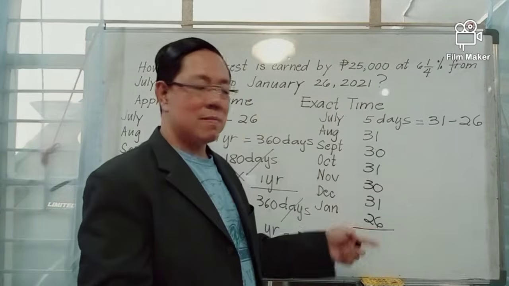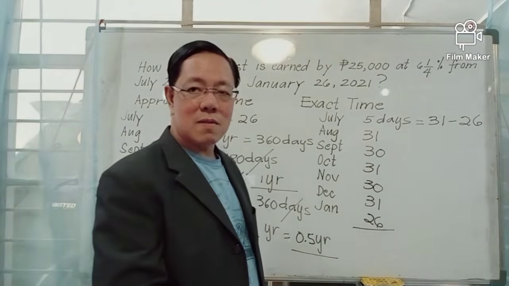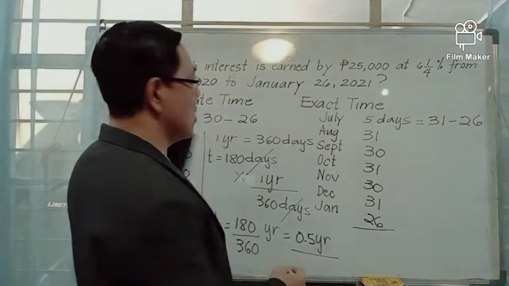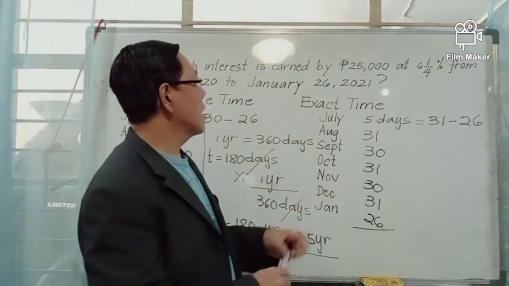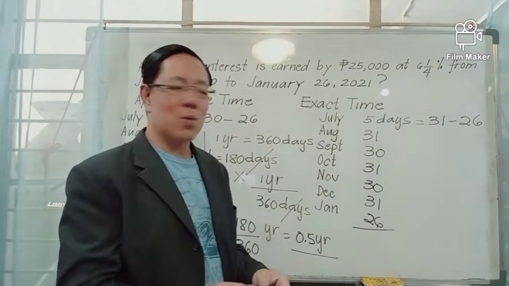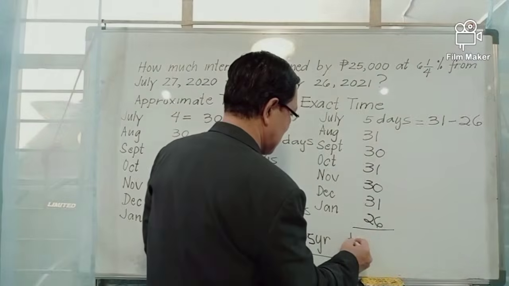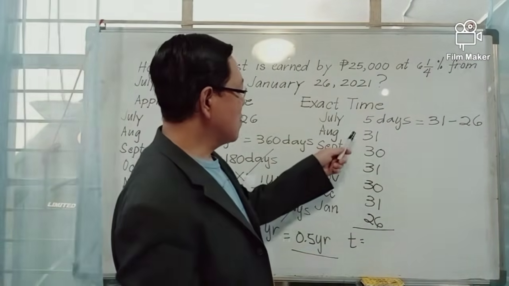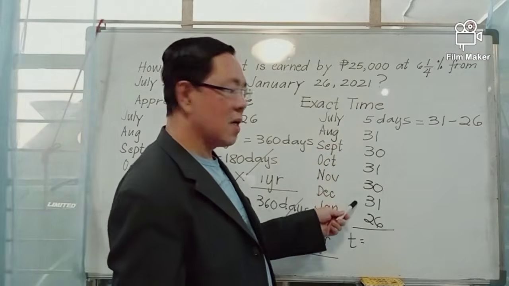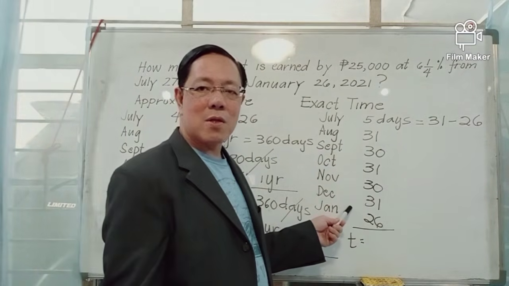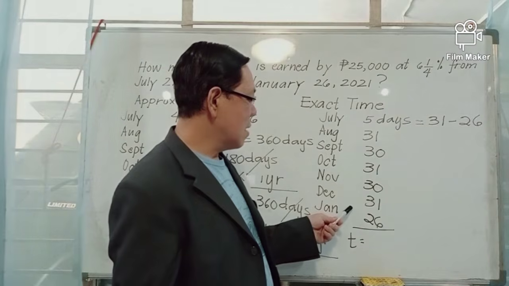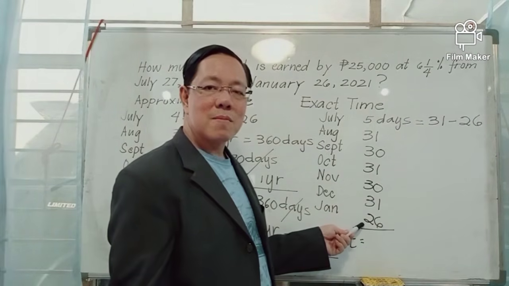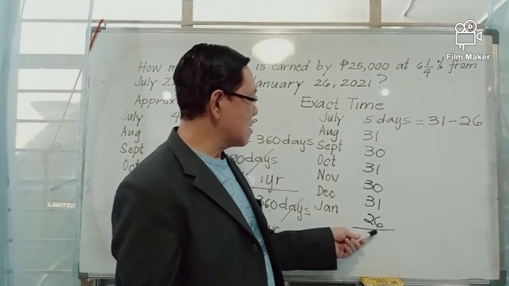And you add for the exact time between July 27, 2020 and January 26, 2021. We have 1, 2, 3, 4, 5. 5 multiplied by 30 is 150. Plus 26, 176.